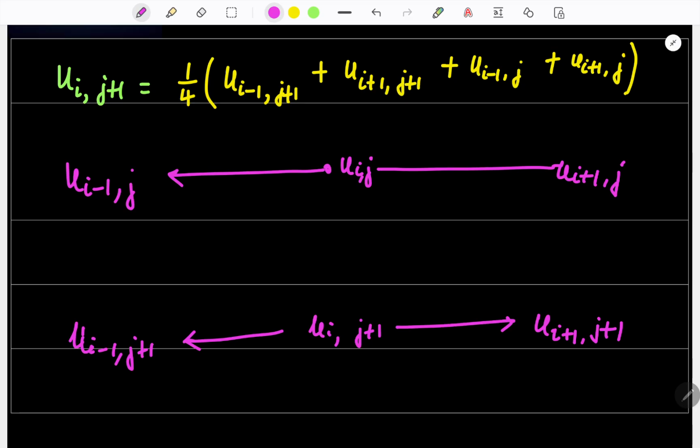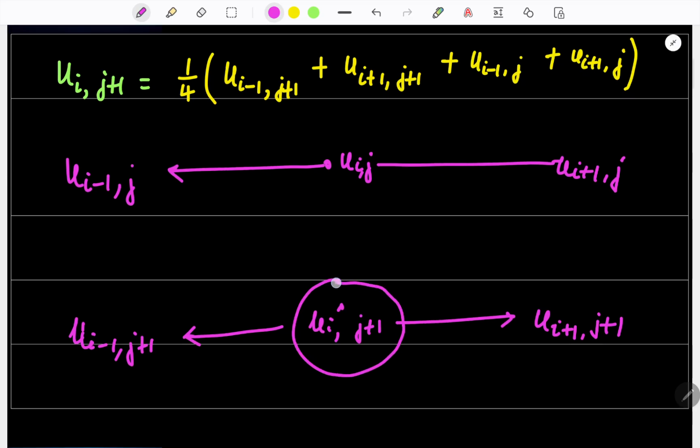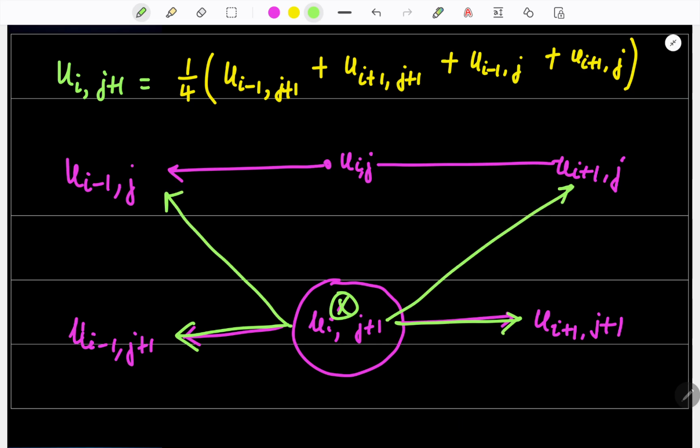Now look at the formula carefully. This is the one you need. Right. So how is he going? He is going to the left side. He is going to the right side. And he is going one step above and one step above in the cross direction. It means if I want to find this value, you need one more row on the top.